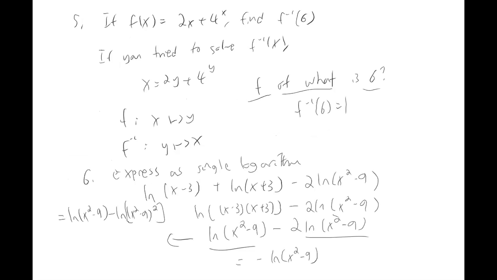Then I could apply division. So this is ln of x squared minus 9 divided by x squared minus 9 squared, which is just ln of 1 over x squared minus 9.